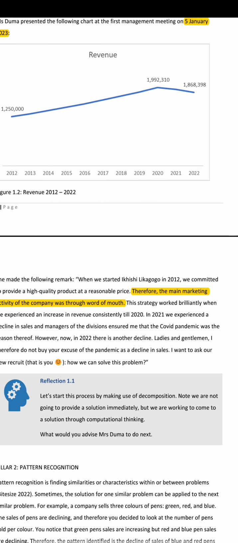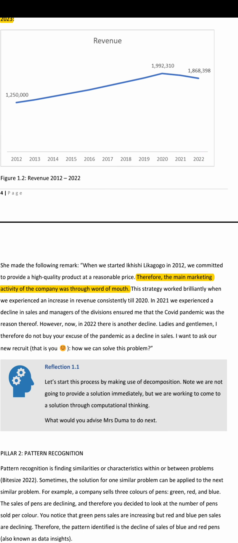And this is where the question then comes in to say, okay, great, this is 1.1. How do we then go about answering this query that has been posed to us by Mrs. Duma?